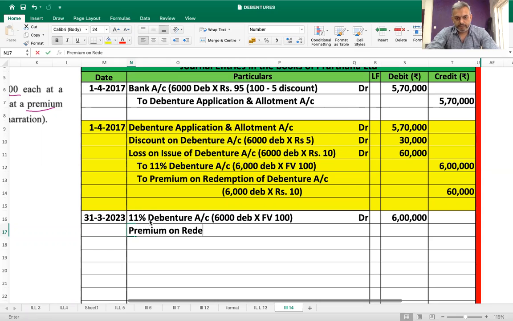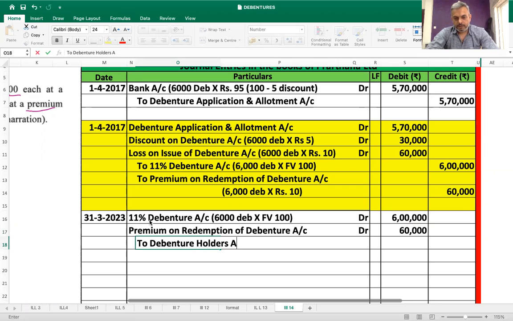Premium on redemption of debenture account, debit 60,000, to debenture holders account. So we are transferring this liability to debenture holders account, and from there we will pay the debenture holders.